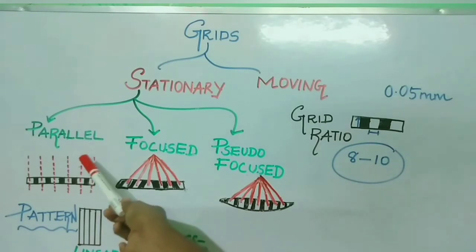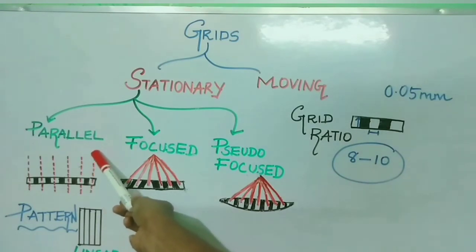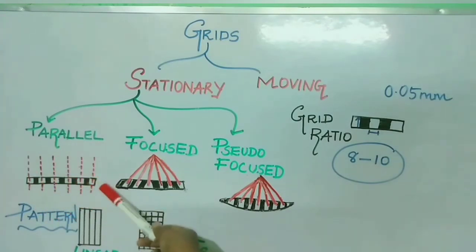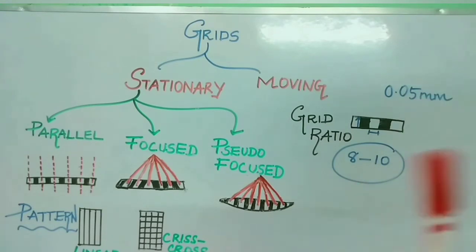The first type is the parallel grid. Here the lead strips are placed parallel to each other. With the help of a parallel grid, secondary or scattered radiation is absorbed by the parallelly placed lead strips.